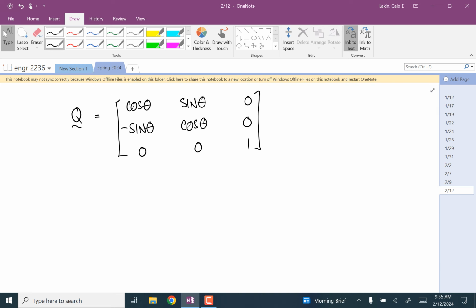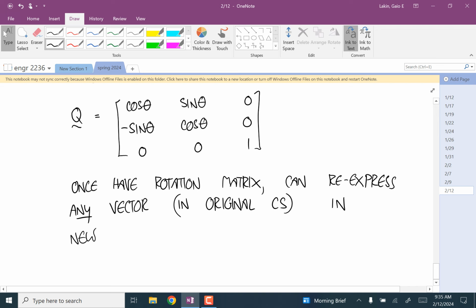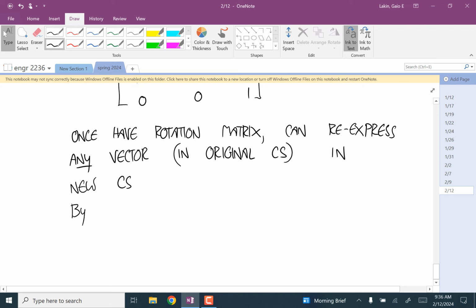Once you have your rotation matrix, you can re-express any vector in the original coordinate system in the new coordinate system by just multiplying the rotation matrix times the vector.